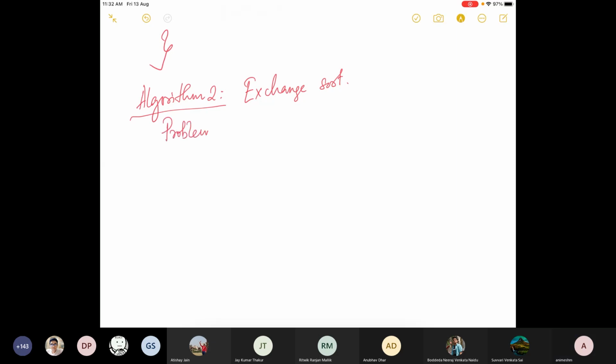Problem: sort n keys in non-decreasing order.